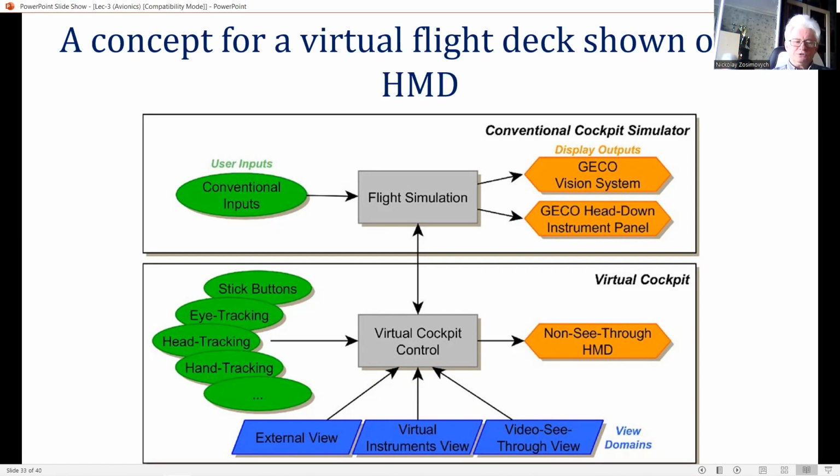The increasing use of remote piloted vehicles, RPVs, and their control from a parent aircraft or ground station is another future application for HMDs and virtual cockpit technology. It should be noted that RPVs, or remotely piloted vehicles, could include land vehicles or underwater vehicles as well as airborne vehicles.